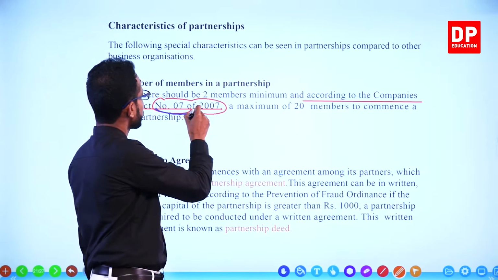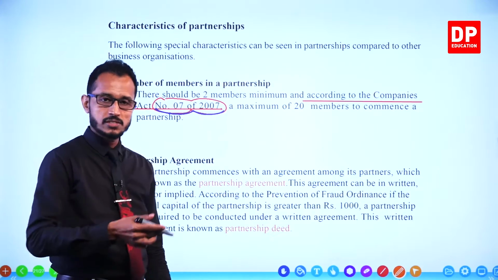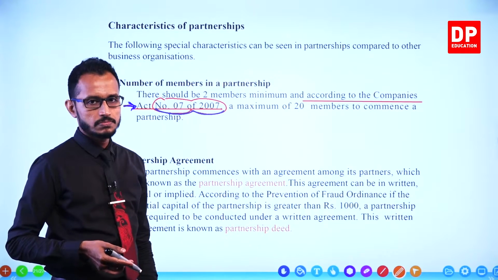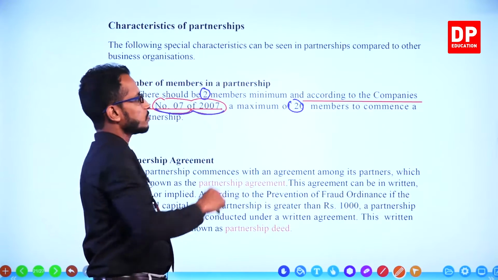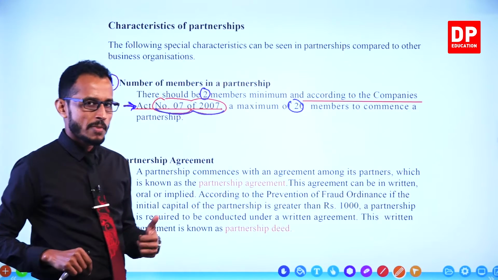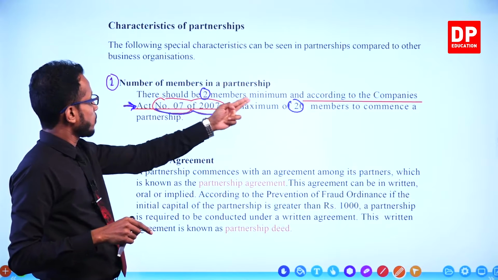It is this. The number of partners, owners, is shown in the Companies Act number 7. So maximum 20, minimum 2. Okay, points to remember, children: number of members in a partnership.